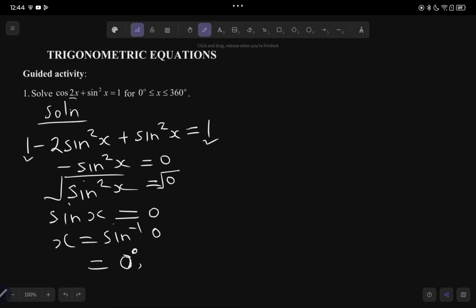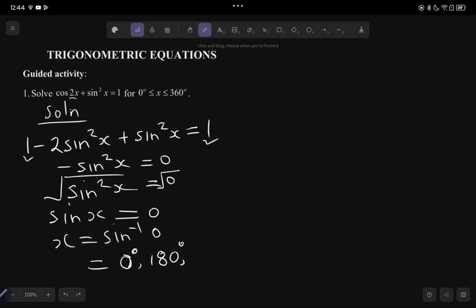Now if you take it to be acute, then sine is positive. If we take the positive value, sine will be positive in the second quadrant. 180 minus 0. Again we get 180 minus 0, we also get 180. Even if we took 0 as negative, 0 is neutral.